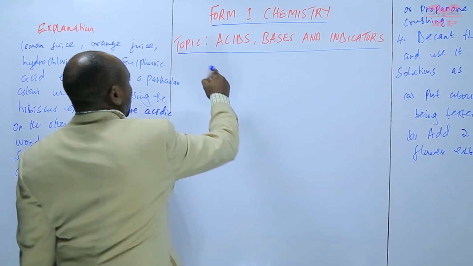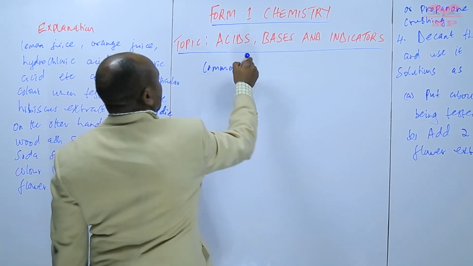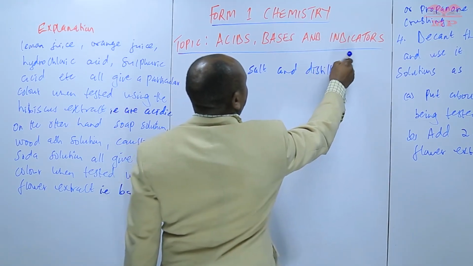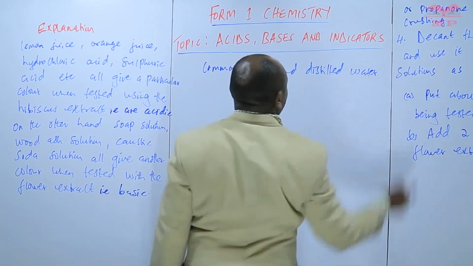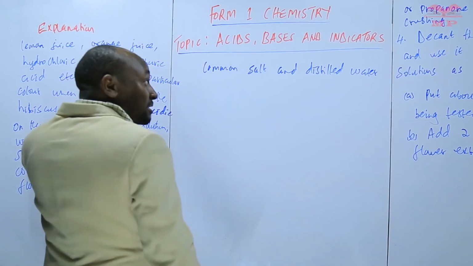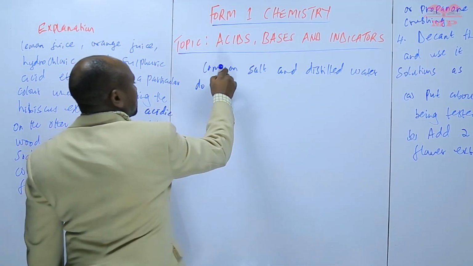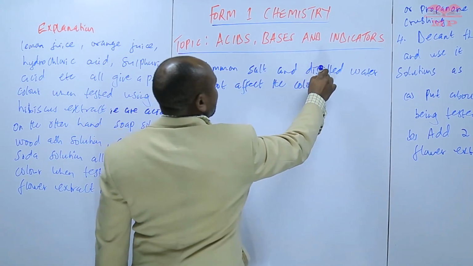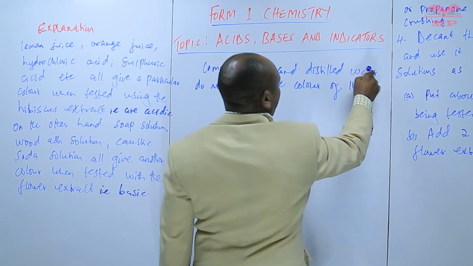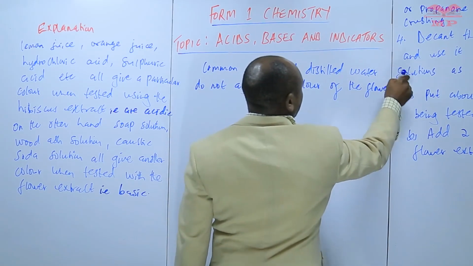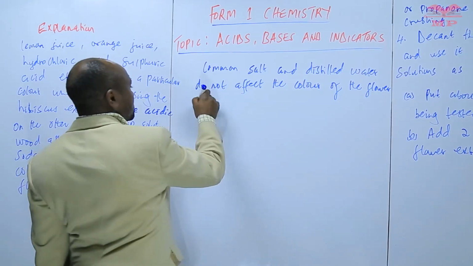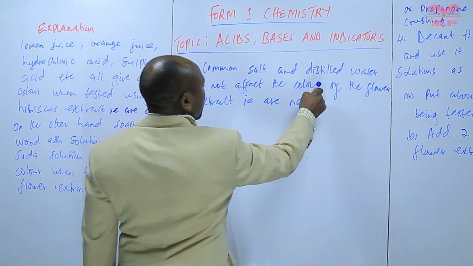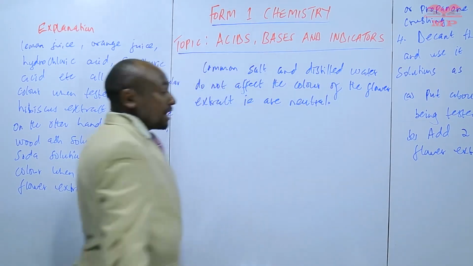And then we have other examples such as common salt and distilled water. They do not affect the color of the flower extract, and we basically say that they are neutral. They have no effect on the color of the extract.